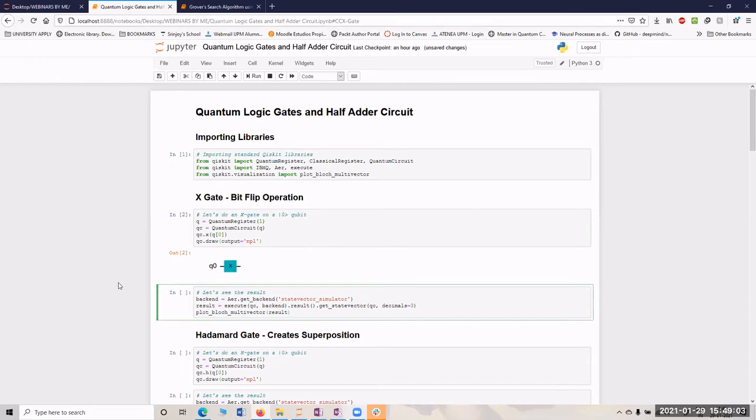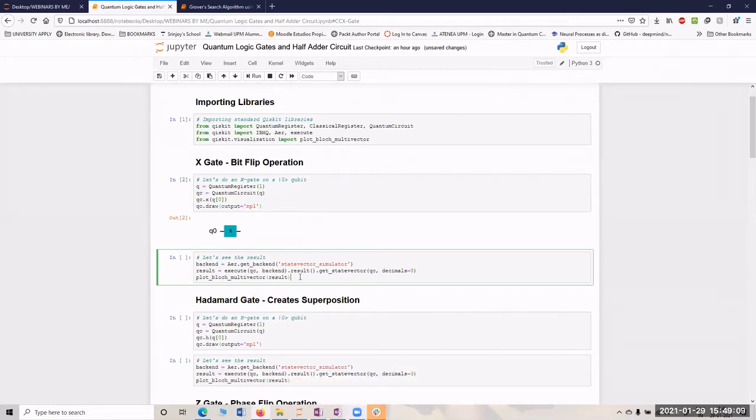To visualize how the qubits are operating, we can execute this cell. You can see the sphere which I showed you in the superposition slide, and you can see how the single qubit operations are taking place.